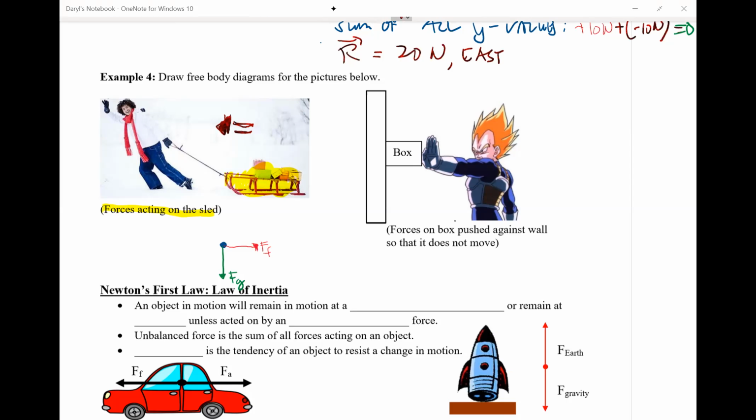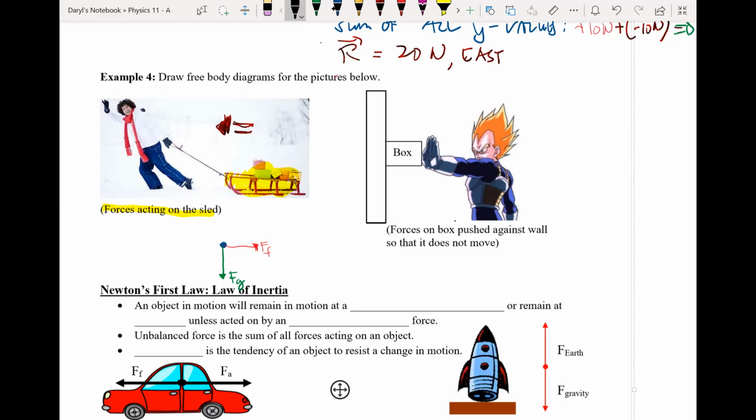And another force that is present here is that it is in contact with the surface, right? And that contact force is what we call the normal force. So we have the normal force that is directed upward. And then what else?